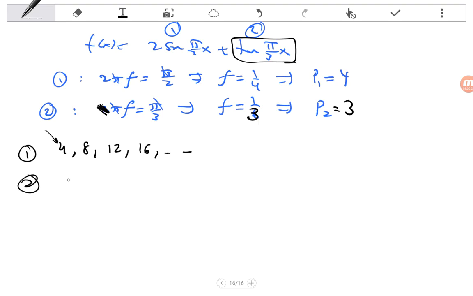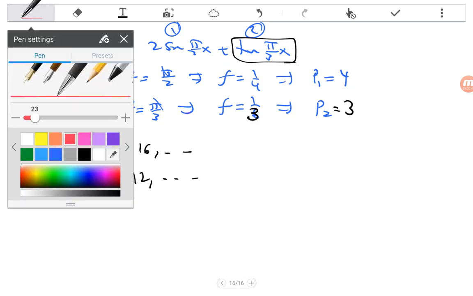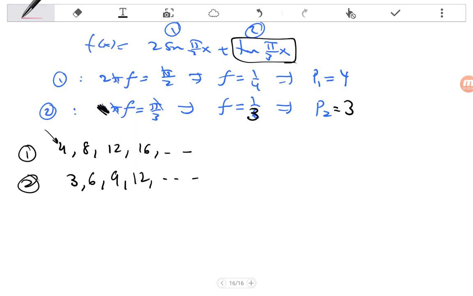For the second one, we start with 3, 6, 9, 12 and so on. What is the least common multiple? What is the first number that is common between both functions? It is 12, yes. So the fundamental period is 12.